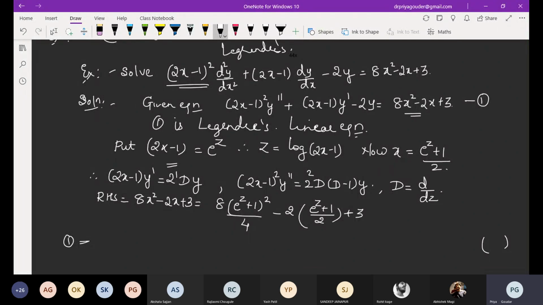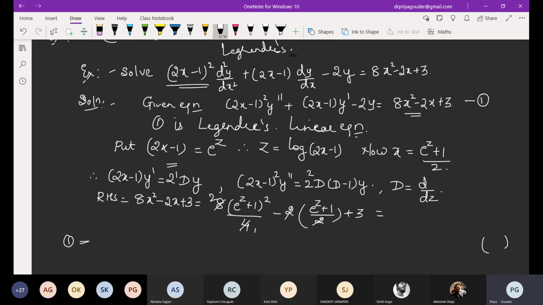Tell me what simplification we can apply here. 4 ones are 4, 4 twos are 2, 2 ones are 2, 2 twos are... What will we get then? This is 2 into bracket (e raised to z plus 1) the whole square. How can we simplify this bracket? (e raised to z plus 1) the whole square.